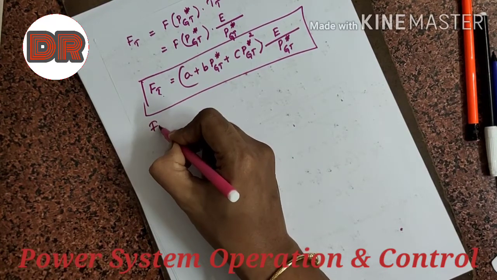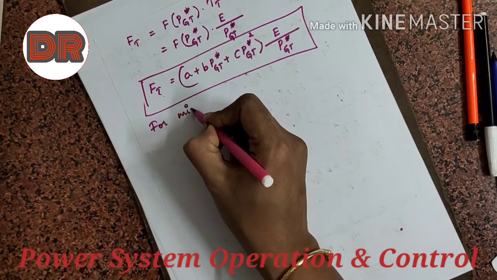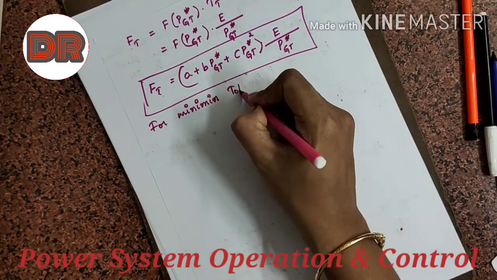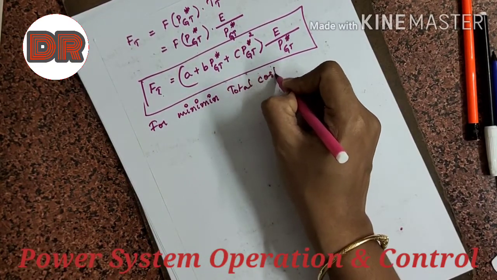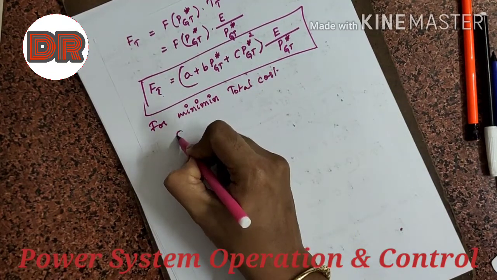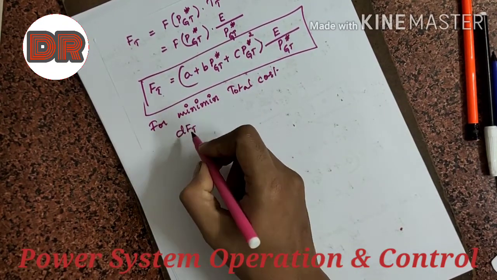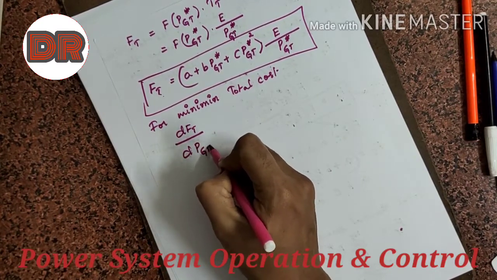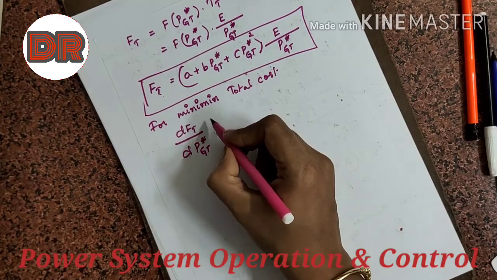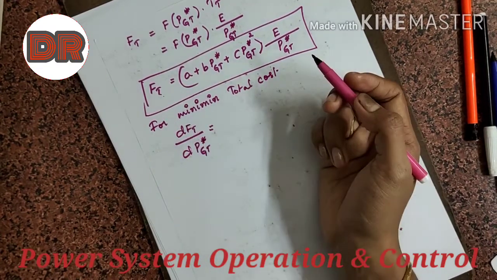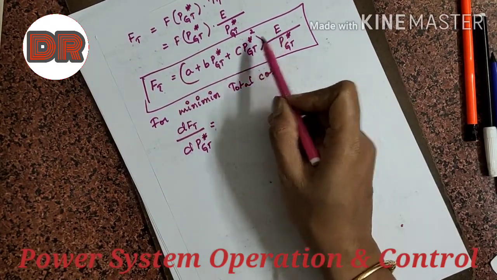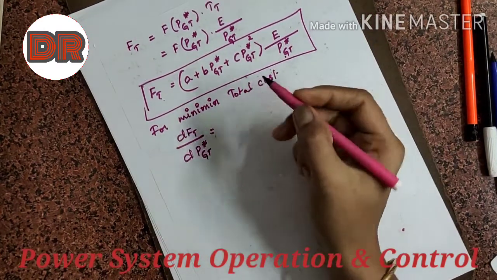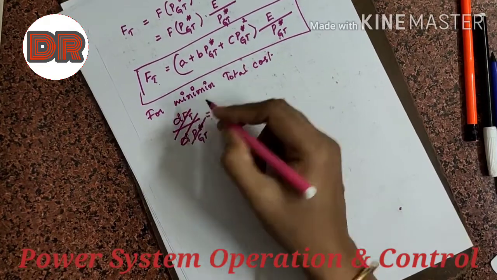For a minimum total cost of the thermal power plant, we have to differentiate the cost function with respect to PGT star. Let me write that first, then we'll differentiate it.